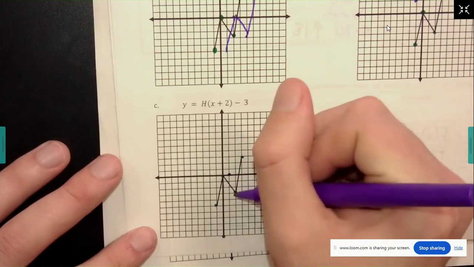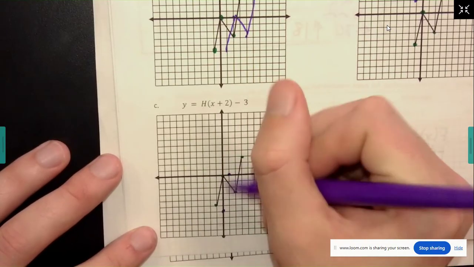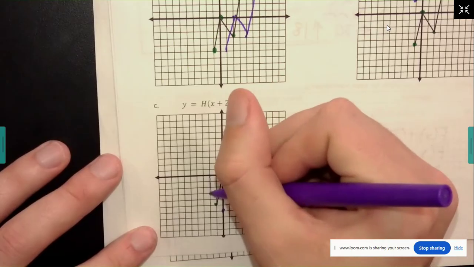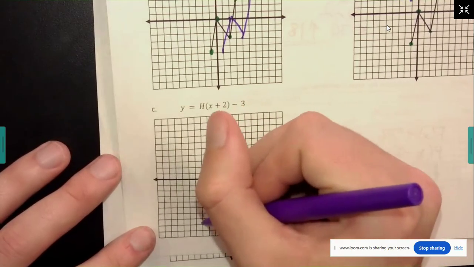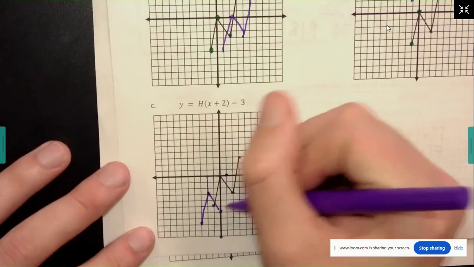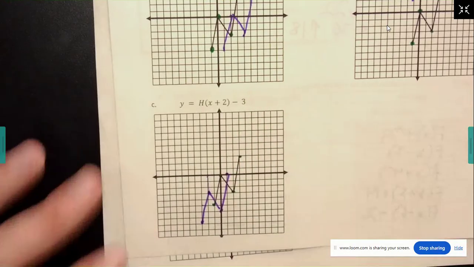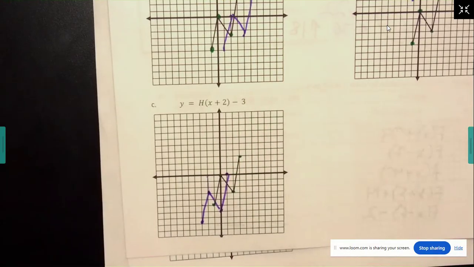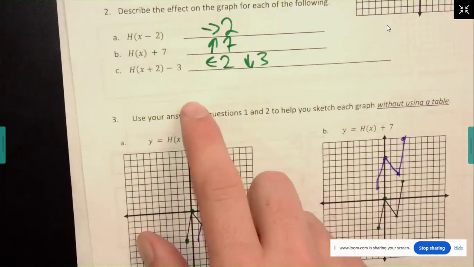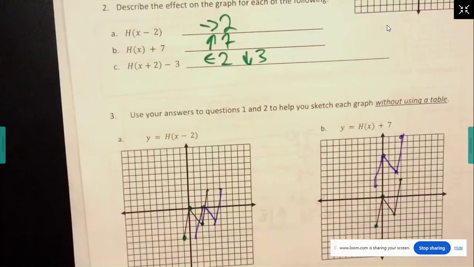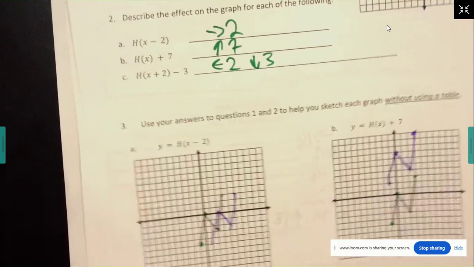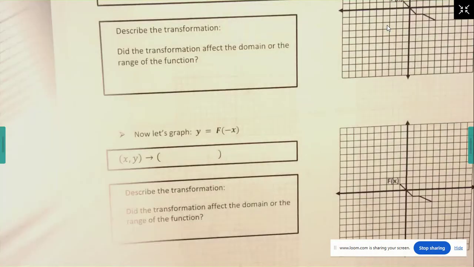Left 2, down 3, left 2, down 3, and left 2, down 3 to make my new graph. Okay? So all those movements, right, those are going to apply to every single point that we find.